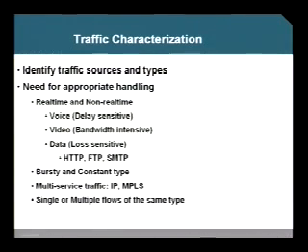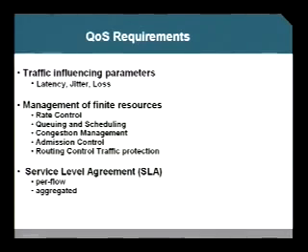So that's how different traffic types are out there, and we need to understand how they behave and what their requirements are before we try to influence the parameters that need to be acted upon. So the QoS requirements, as pointed out in the definition, are the three parameters: latency, jitter, and loss, that need to be influenced on these traffic types so that end-to-end QoS guarantees can be provided.